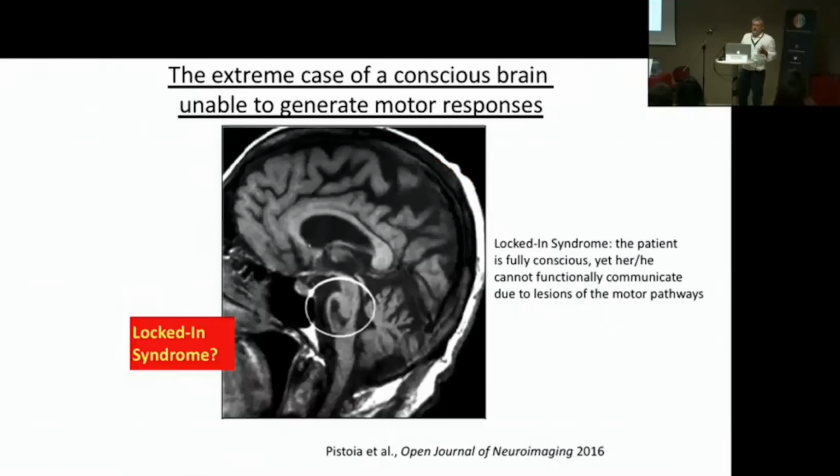There is an extreme case you may have heard about before: the locked-in syndrome, in which you have basically the truncation of the motor pathways that connect the primary motor cortex to the peripheral muscles.